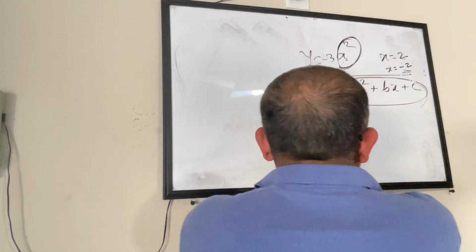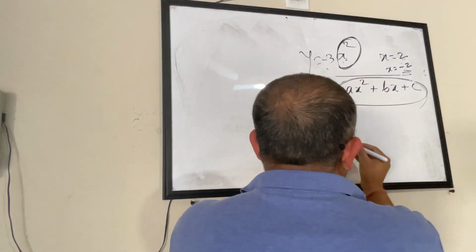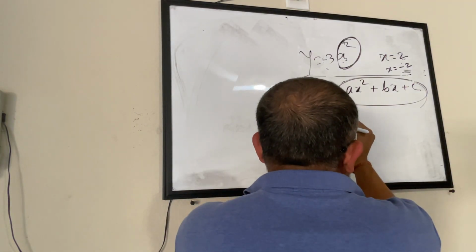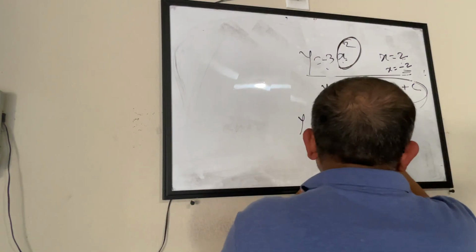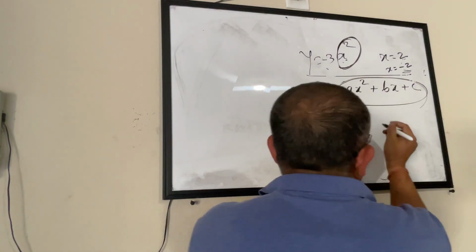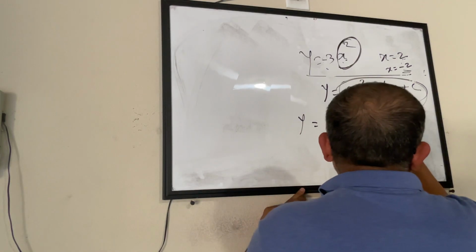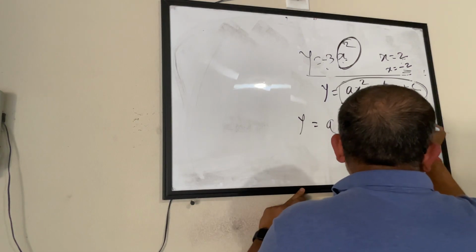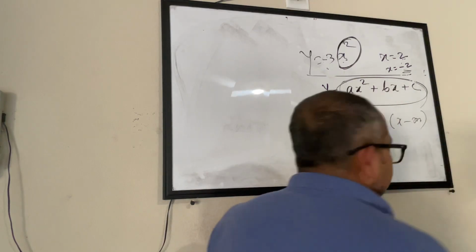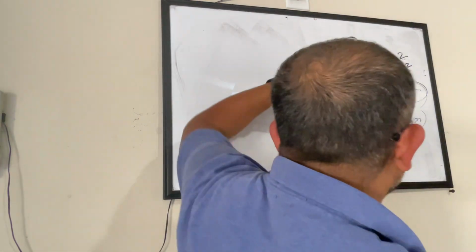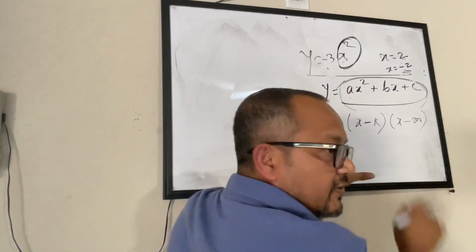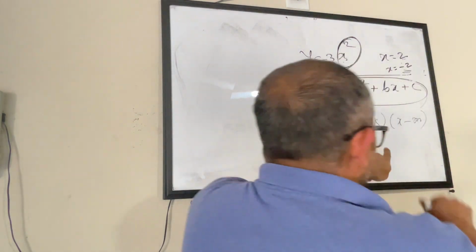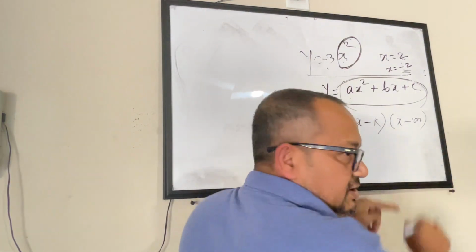So I can write the same equation in another form, saying, let's say, a times x minus k into x minus n. What do you see here? This whole quadratic equation, I have put in the form of two factors, three factors actually.